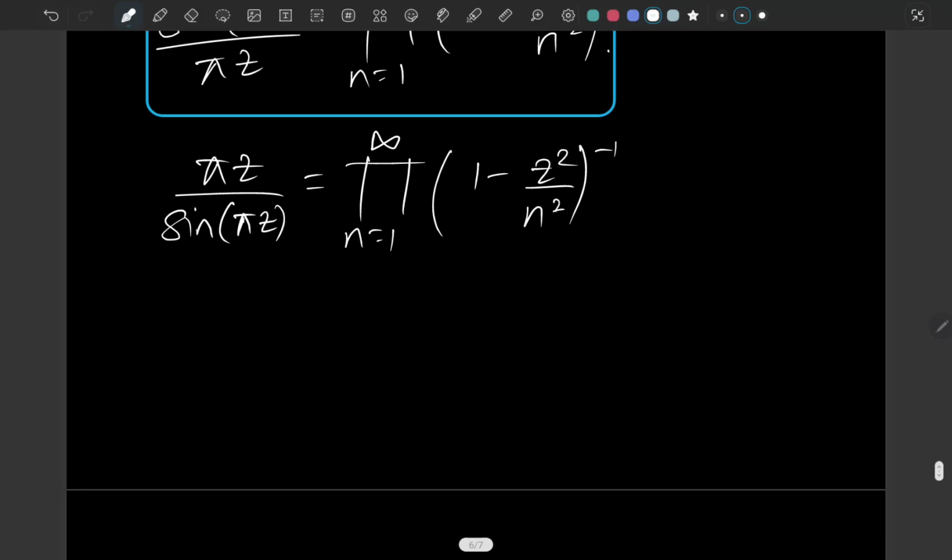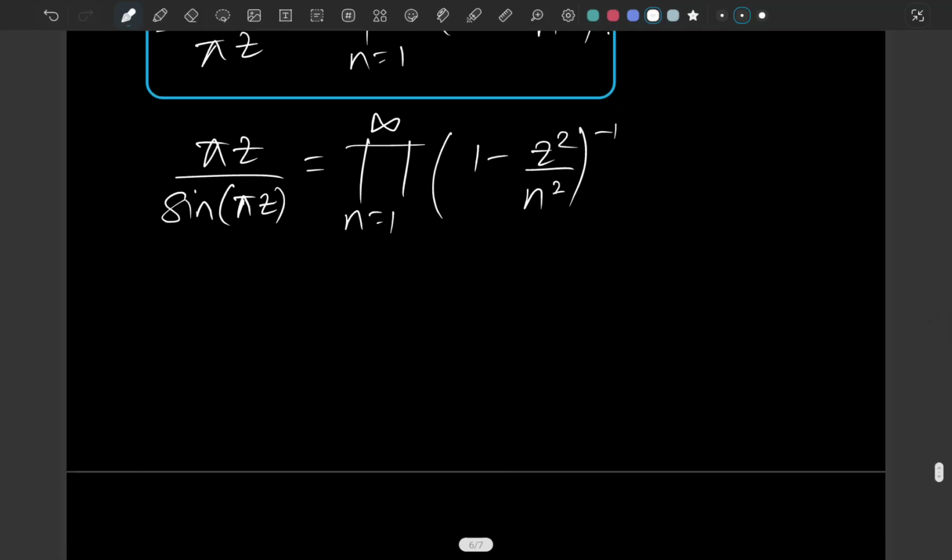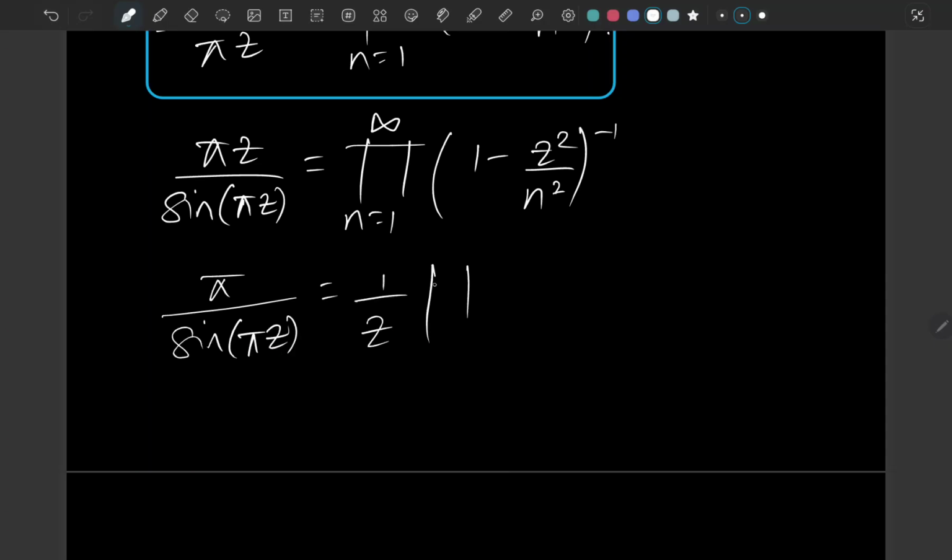And if we divide both sides by z, that's going to give us pi over sine pi z equals 1 over z times the product as n goes from 1 to infinity of, we can just write this down as, n squared over n squared minus z squared.